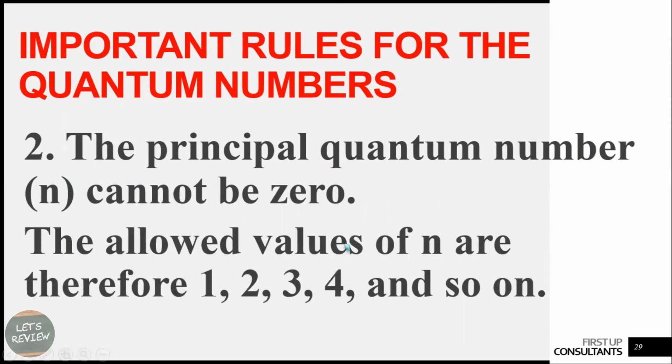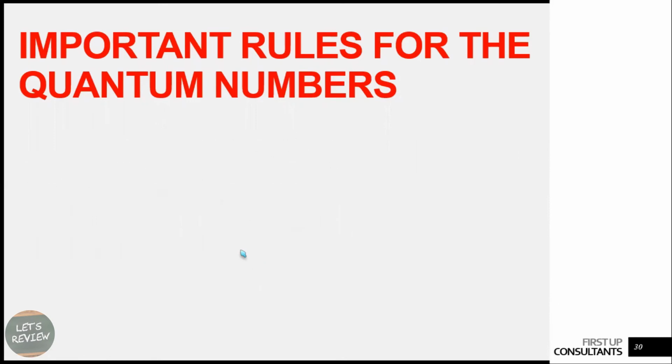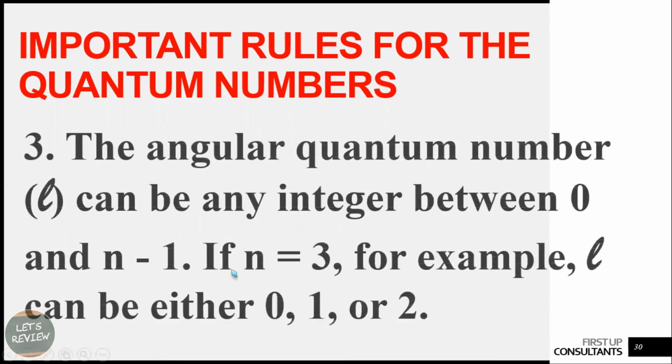The allowed values of n are therefore 1, 2, 3, 4, and so on. All of them are positive, because there's no negative orbital. Always remember that.